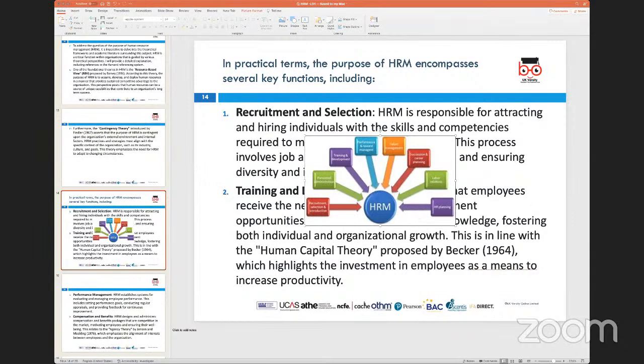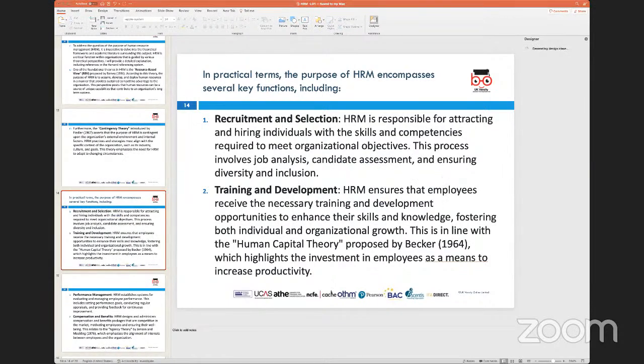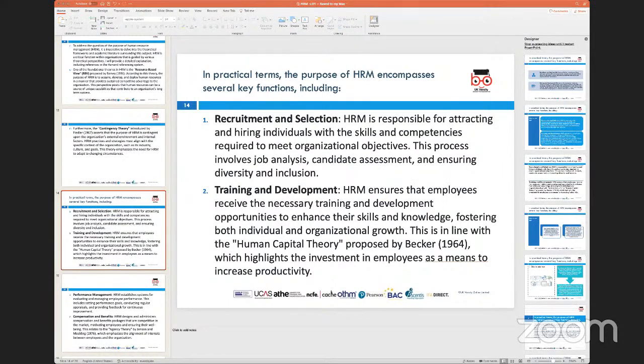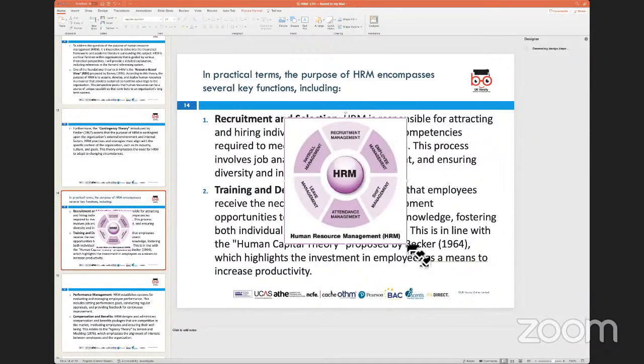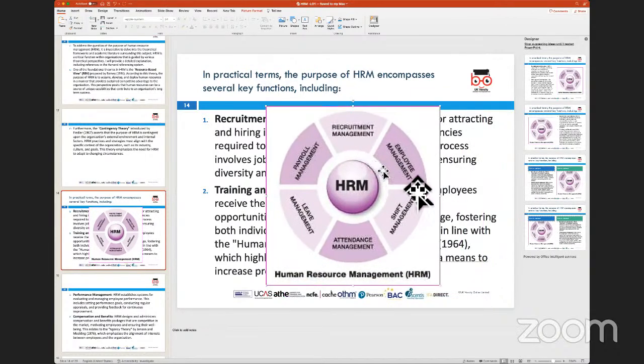So if I get a better resolution image, that would be just looking at a particular bit. If I look at the main functions of what HR does, this is what it would summarize in general.